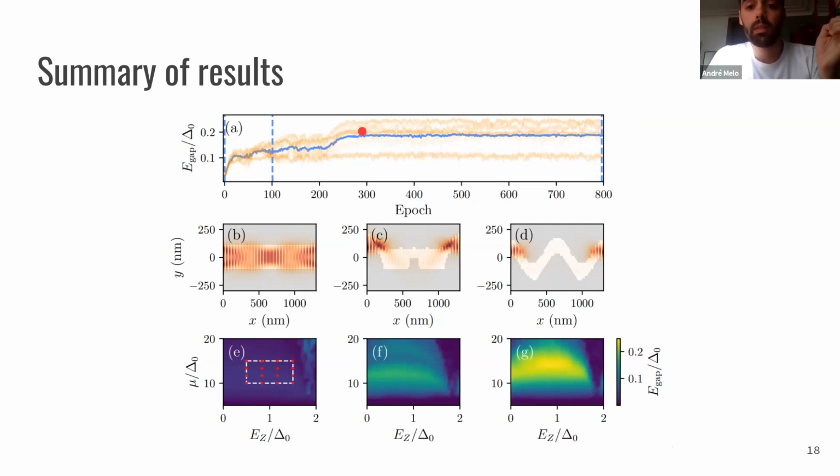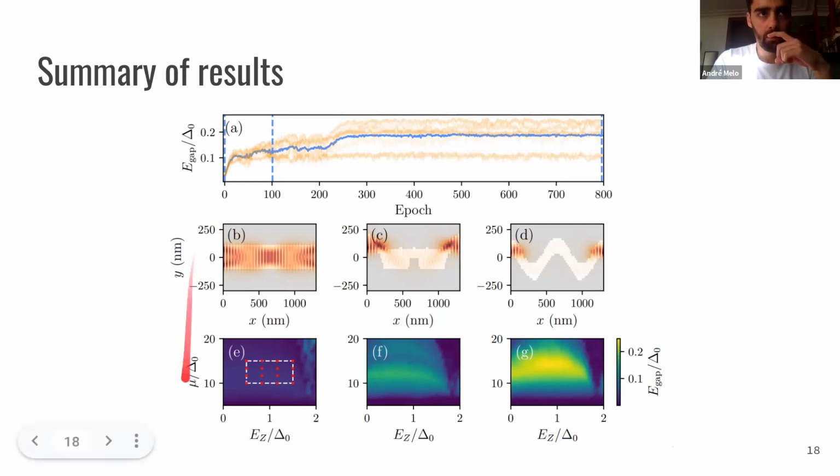What we see is that the average goes up smoothly, which is nice, but also each individual orange curve is increasing, which is what we wanted, right? We wanted a shape where the gap was high for a range of parameters and not just for a specific point in parameter space.